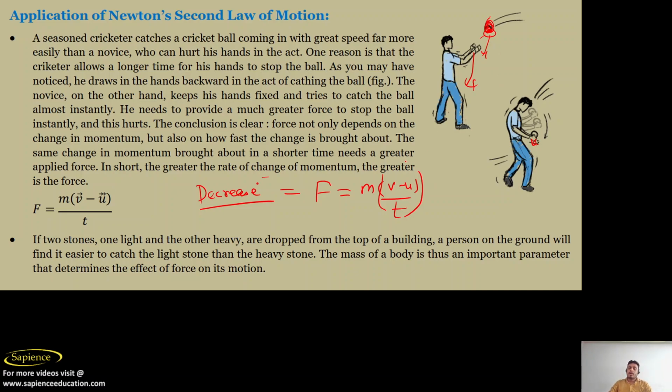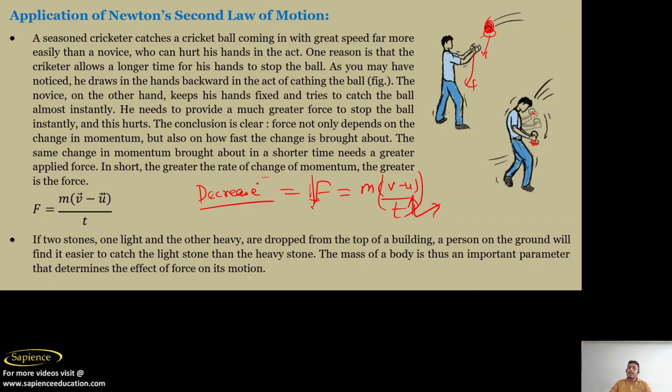Okay, now the rate of change of momentum and force, as you know, are directly proportional. If I decrease the rate of change of momentum, then definitely the force will decrease. So for that you need to increase the time.